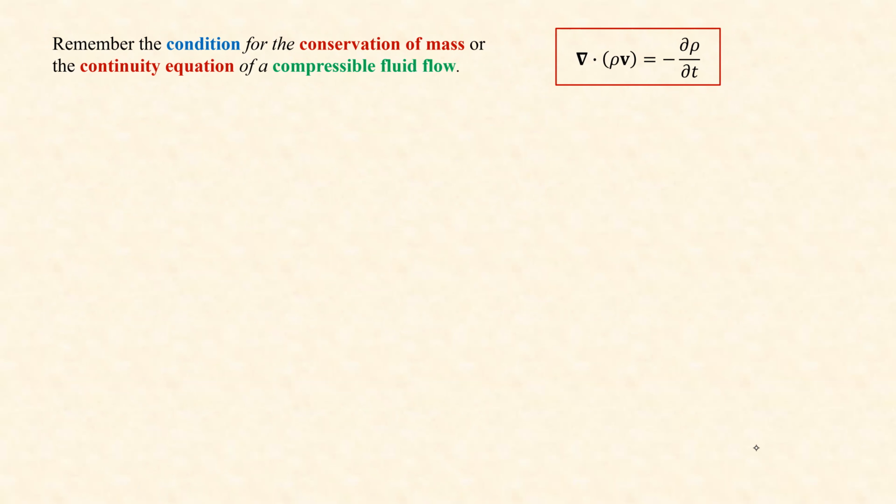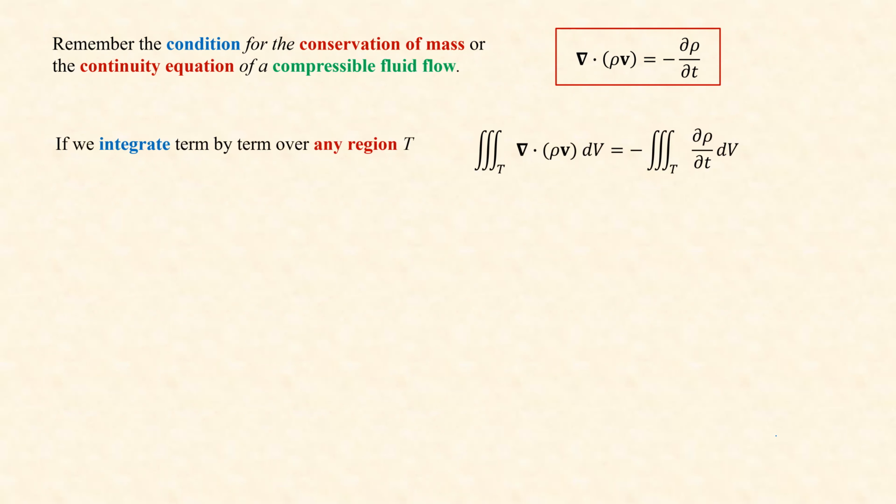Another application of Gauss theorem is this. Remember, we derived the continuity equation, which was showing the conservation of mass. It says that the divergence of rho v, which is mass flow going away from one point, is the negative rate of change of the density of mass at that point. All right. So this was for compressible fluid flow. Now we can apply Gauss theorem to this by integrating both sides of this equation.